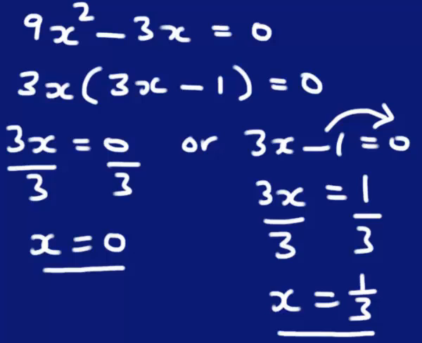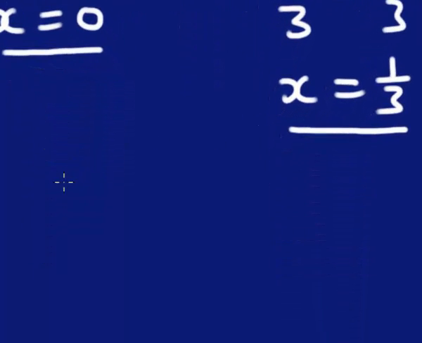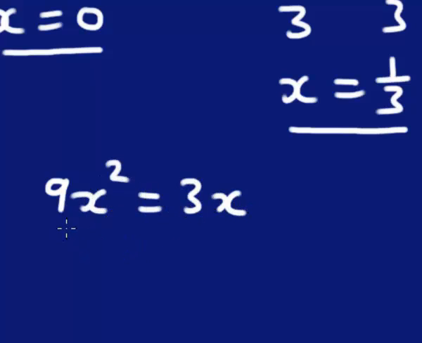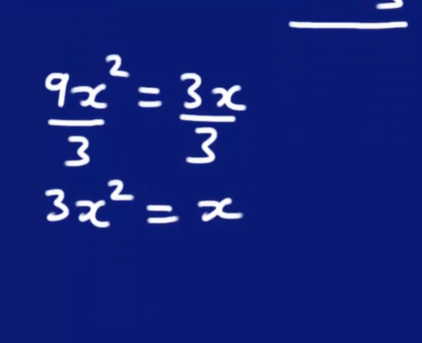By the way, another way that I like doing this is if you've got 9x squared is equal to 3x, do you notice that there's a common factor of 3? In fact, the highest common factor between 9 and 3 is 3. So I would suggest you divide everybody by 3. And look what happens to the equation. It actually simplifies, and it makes your life a little bit easier.